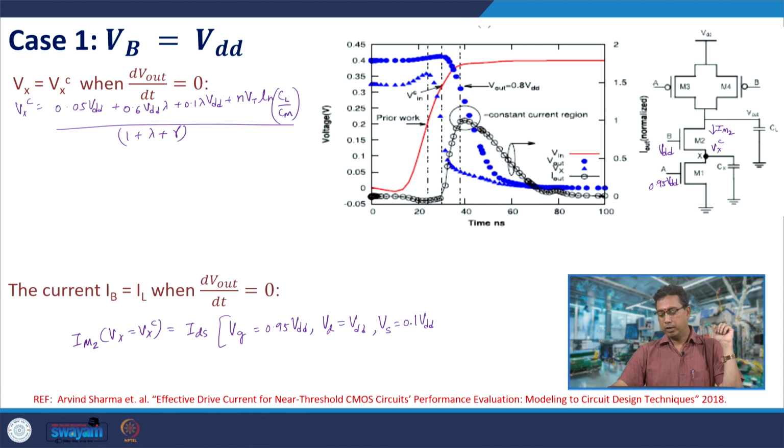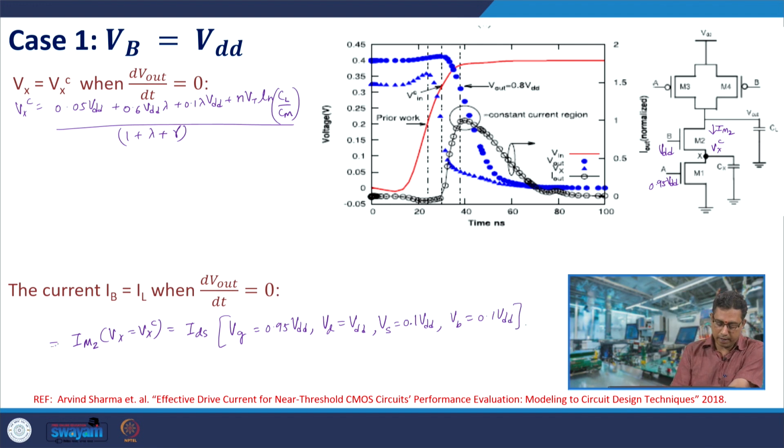So that cannot happen. Therefore, current through M2 and M1 would be almost equal. Vx would fall slowly because there is a feedback involved here, and therefore Vx, the source voltage of M2, would remain more or less constant throughout the discharge after Va reaches near VDD. Body voltage is again 0.1 VDD, and this we can call IL.